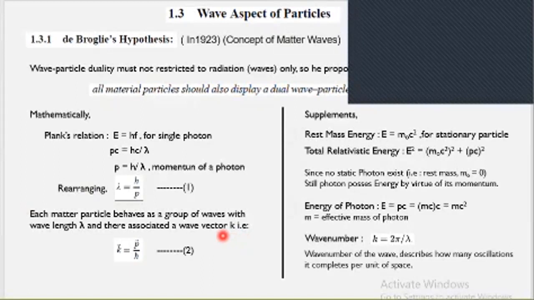But when we talk about the de Broglie wavelength, we are basically referring to that specific wave that is associated with that wave packet, which is the resultant wave of the superposition of all the individual waves present in the group of waves.